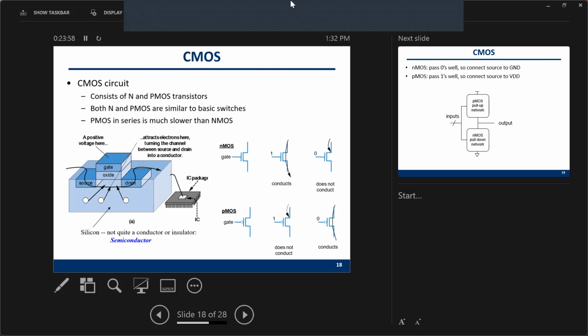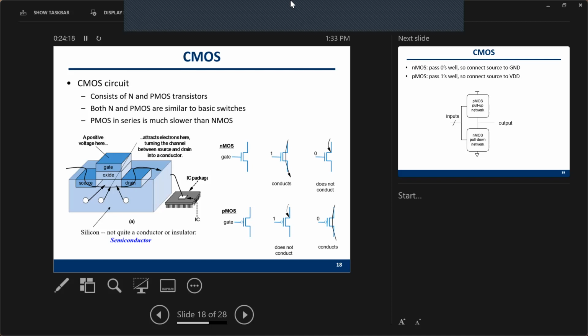For the NMOS, if I apply a 1 here, then the switch is closed. Then this input can be passed through this gate and arrive here. But if I apply a 0 here, then this input cannot pass through this gate.